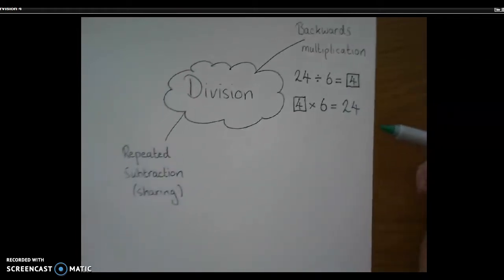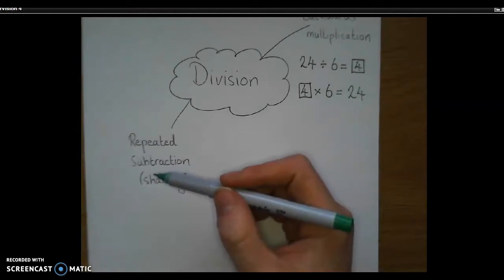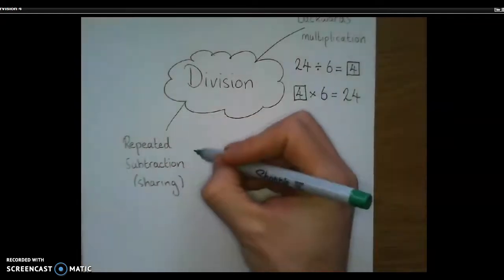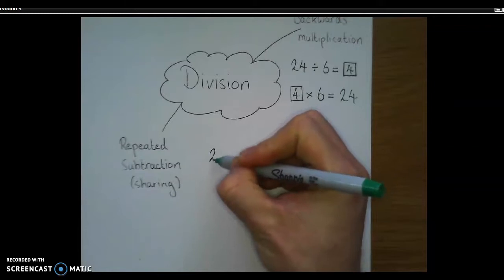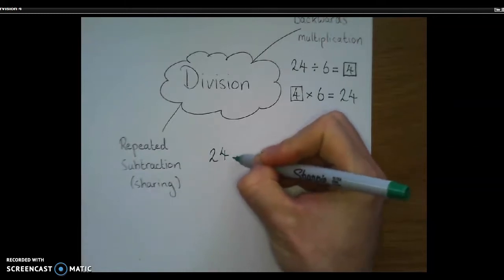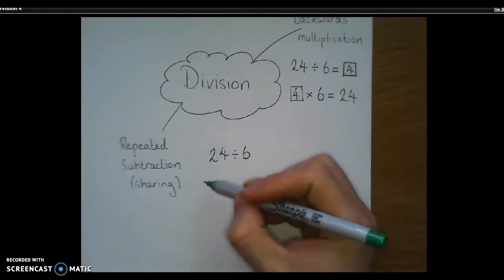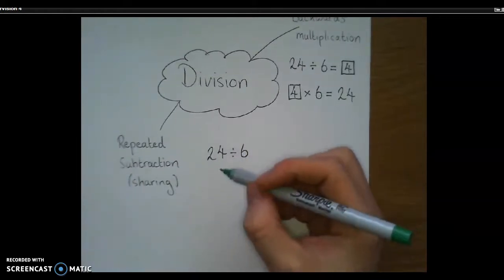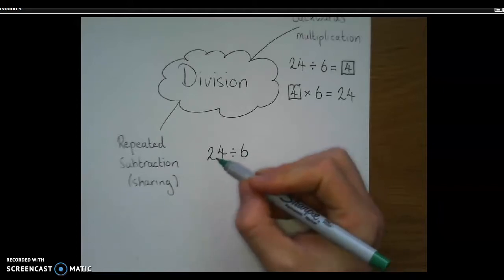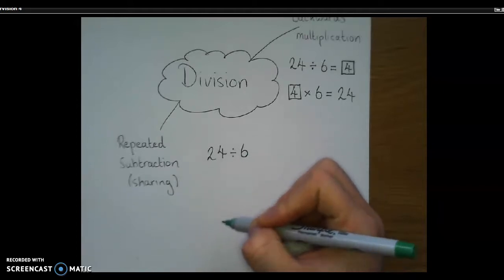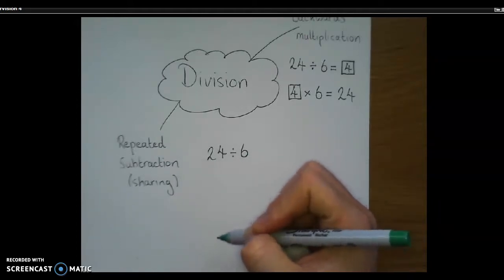Okay, the repeated subtraction, the same thing. If you're doing that sum, if you're doing 24 divided by 6, okay, so repeated subtraction would be literally taking 6 away from 24 until there's nothing left.